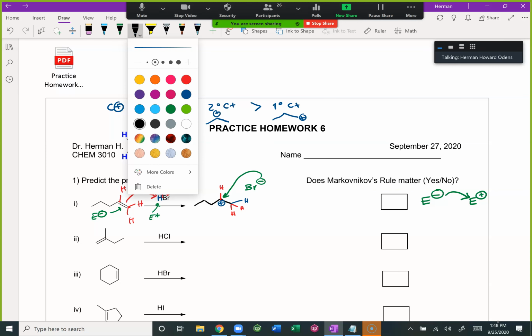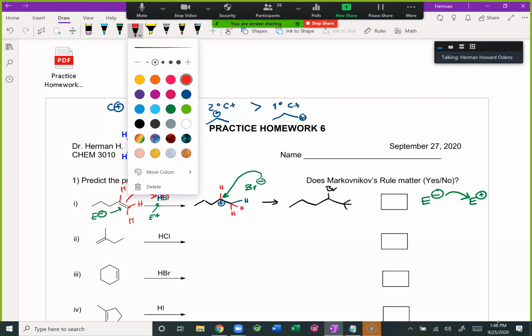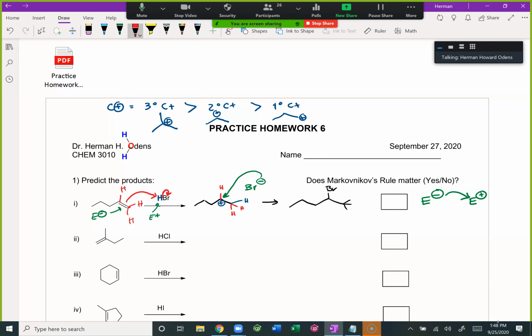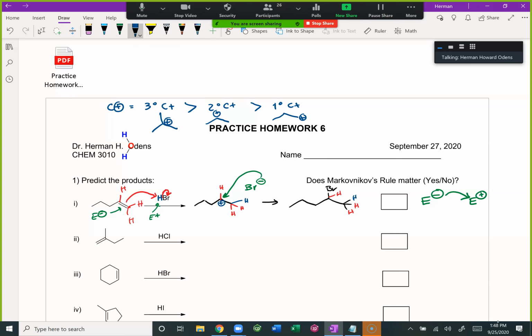And now you have 5 carbons. You have 3 hydrogens here, a bromine, and you have the hydrogen in the back still there, and you have 2 that are red and the one that was blue came from this one.